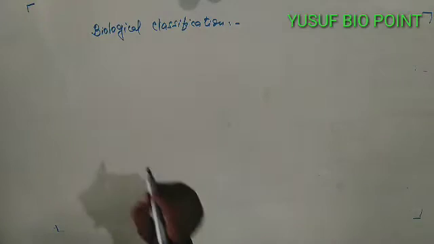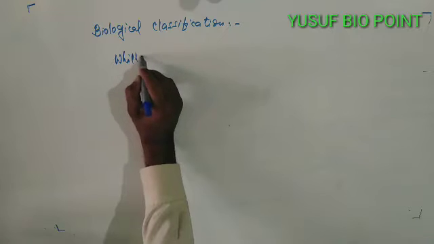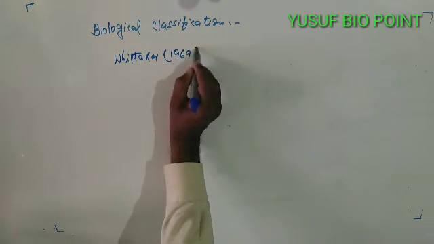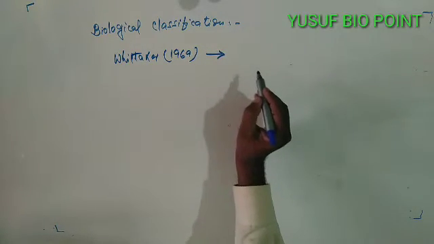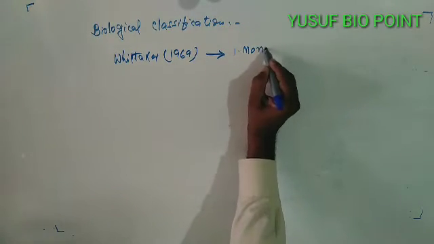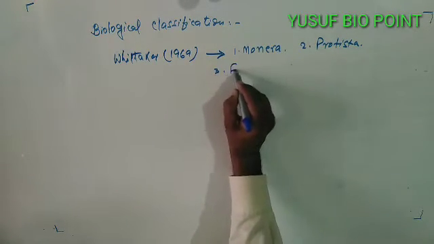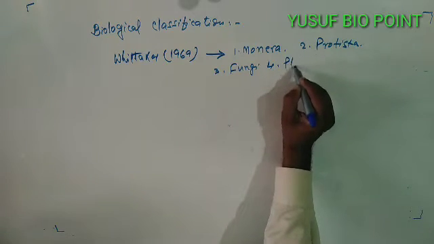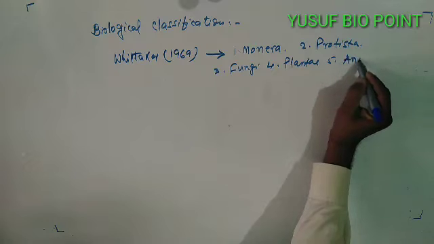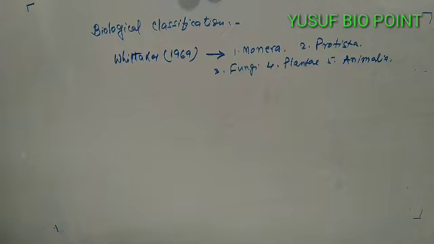We have already studied that according to Whittaker in 1969, living things are classified into 5 kingdoms: Monera, Protista, Fungi, Plantae, and Animalia. This is called the 5 kingdom classification. Now we shall discuss each one.